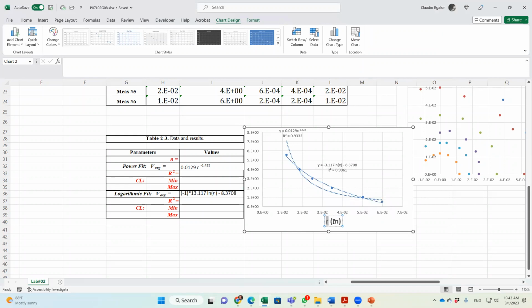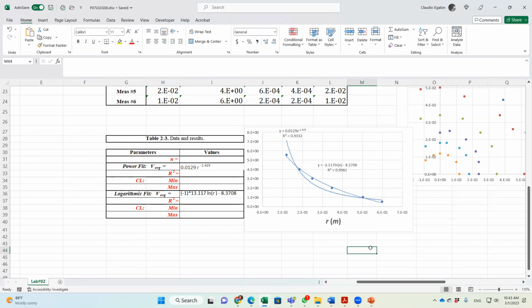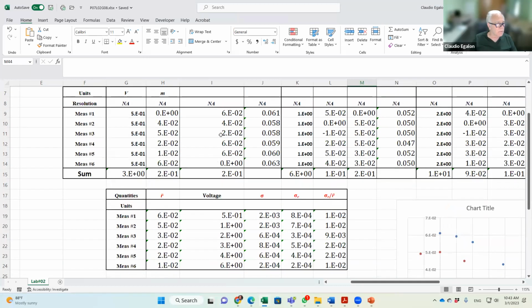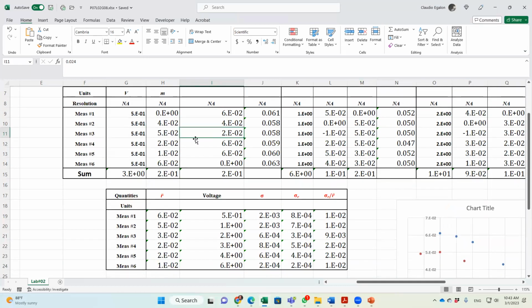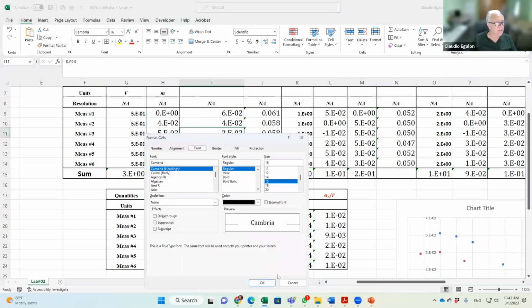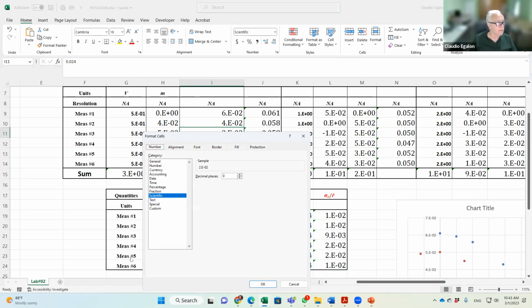Professor, I have a question. Yeah. To be able to turn the numbers into decimals, do we have to highlight the boxes and right click? Yes. Are you talking about those numbers here? Yeah. Right click, format cell. And then you go to number here, and then you can change from scientific to number.